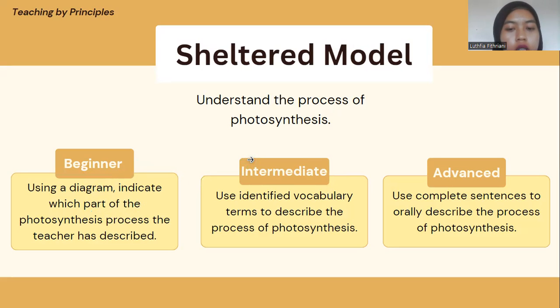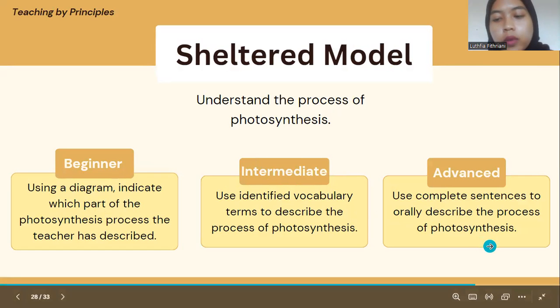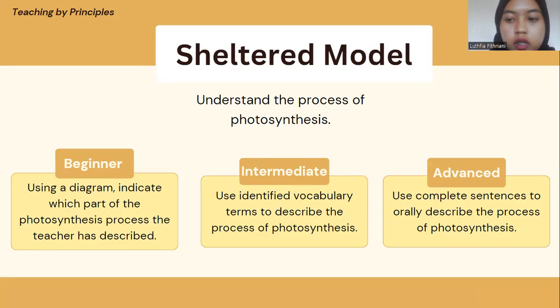For the intermediate student, the teacher can use identified vocabulary terms to describe the process of photosynthesis. And for the advanced student, the teacher can use complete sentences to orally describe the process of photosynthesis.